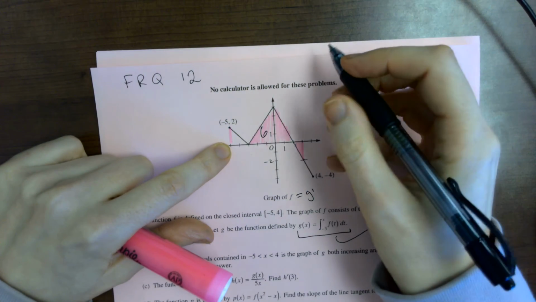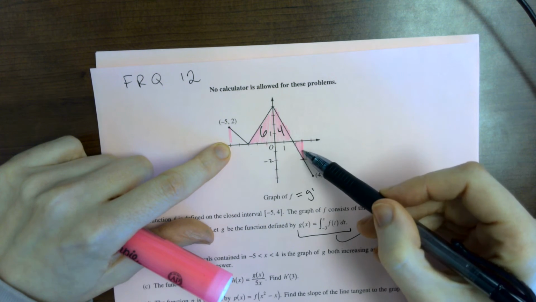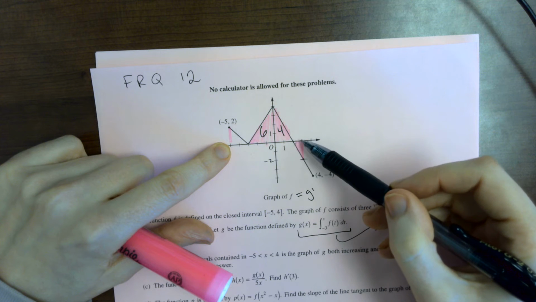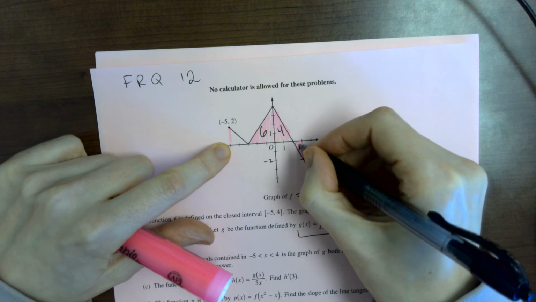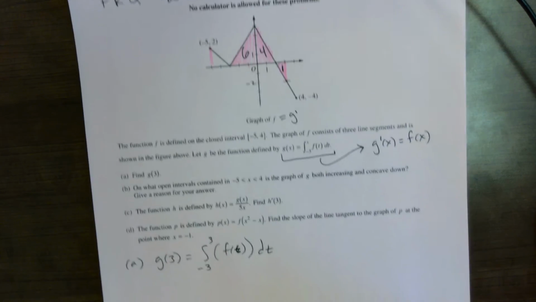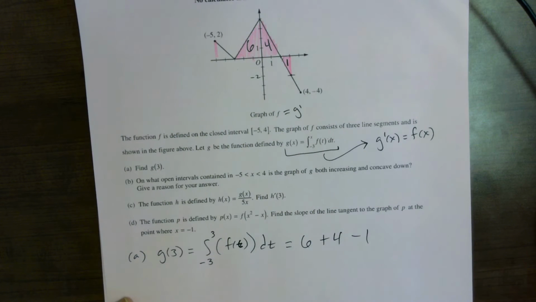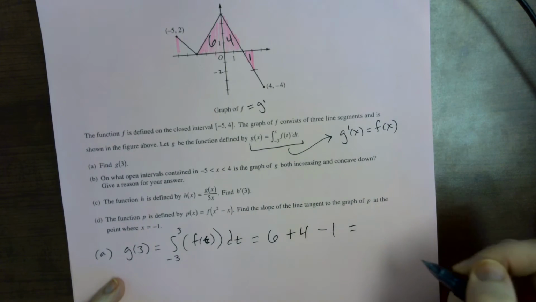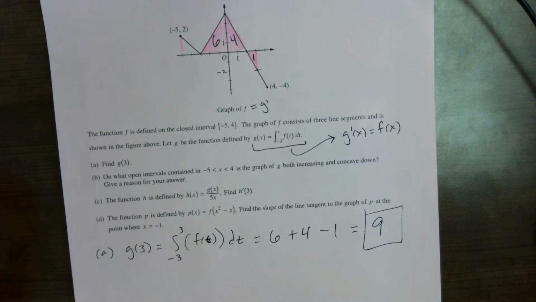The height is 4. 1/2, 2 times 4 is 4. And then this one, 1/2, 1 times 2. So that area is 1. Okay, so we're adding up the area. So it's 6 plus 4 minus 1 below the x-axis, so it's a negative area. So that's 9 is the first one.